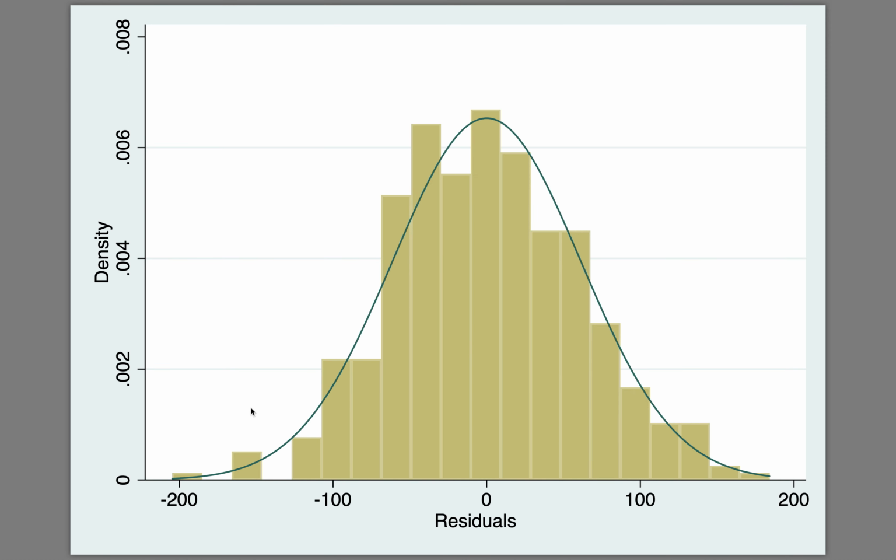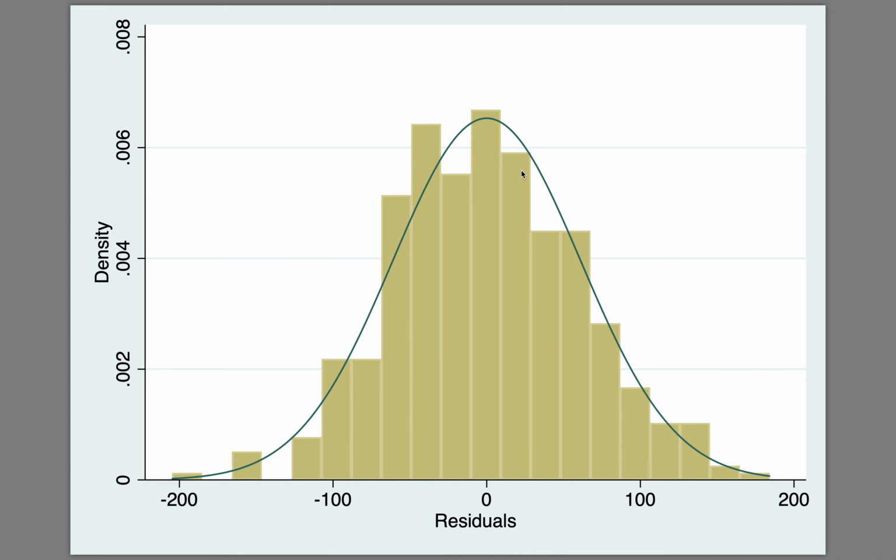Then hit enter or return. This gives you a visual of your distribution, and you can see the distribution looks pretty good. So these are your errors. Your errors look like they meet the normality assumption.